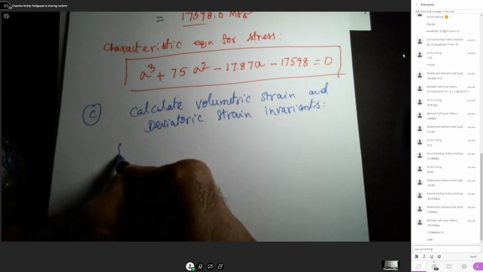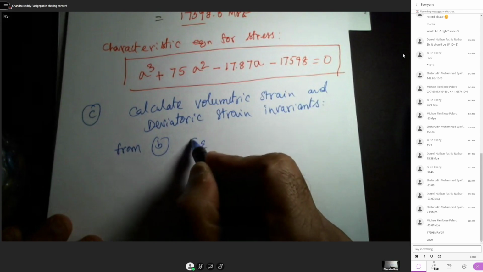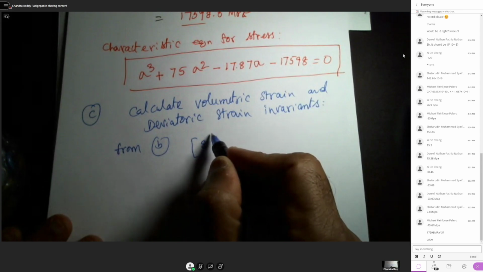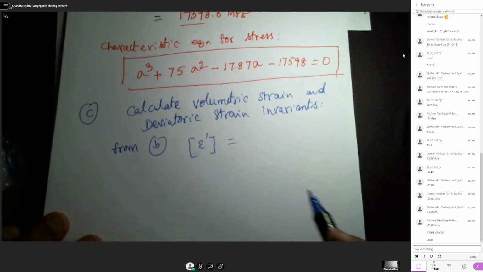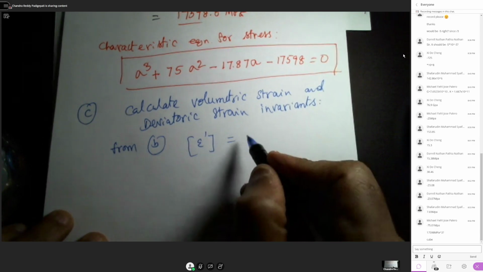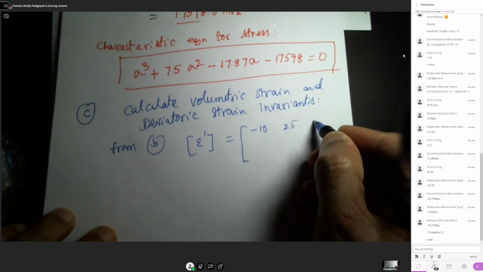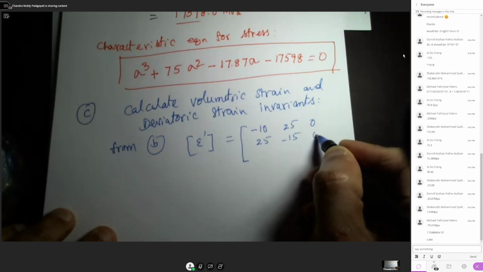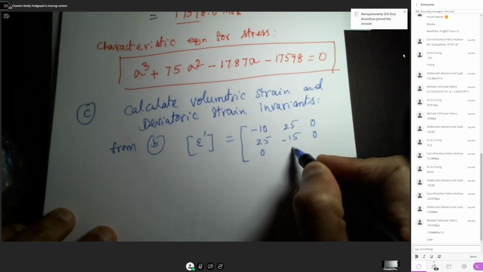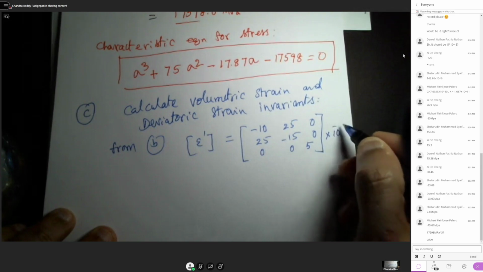So we know that from part B, the deviatoric strain tensor, we can write this as minus 10, 25, 0; 25, minus 15, 0; 0, 0, 5, times 10 to the power minus 5.